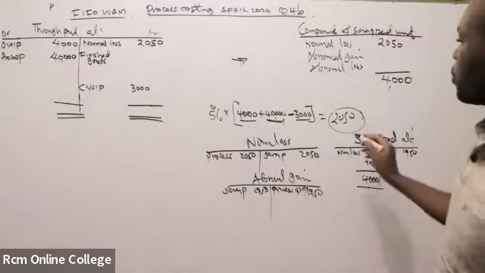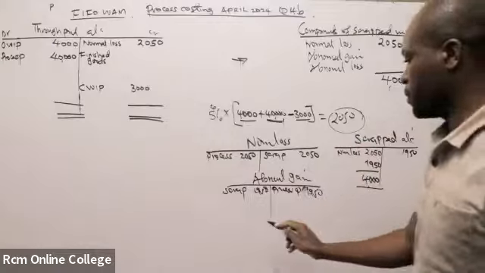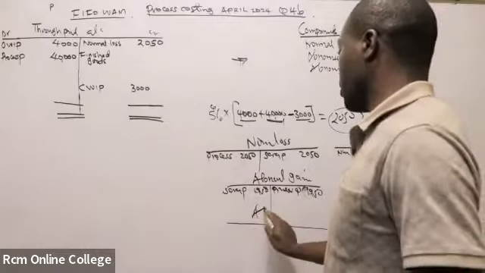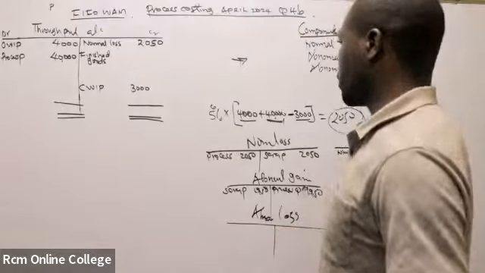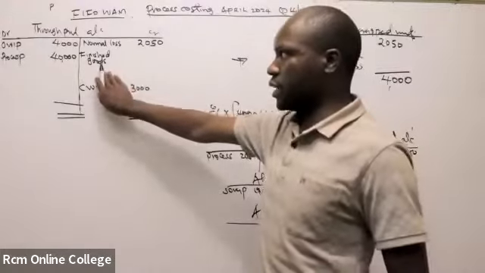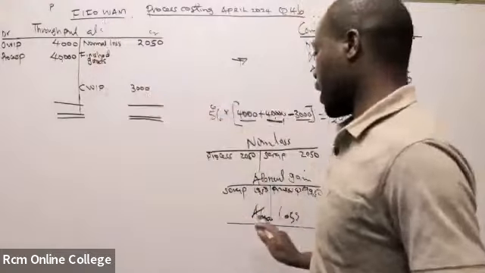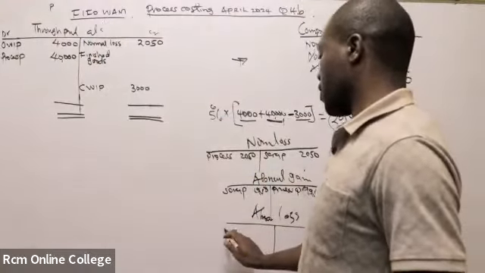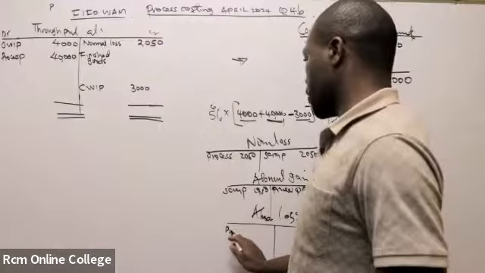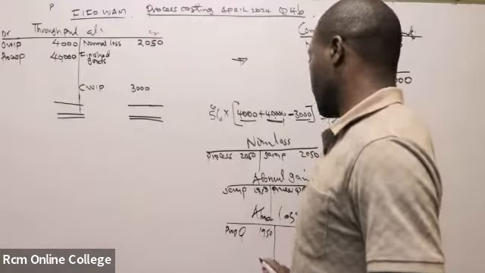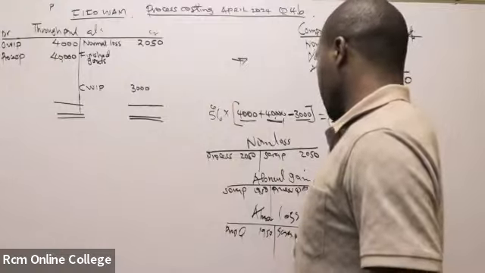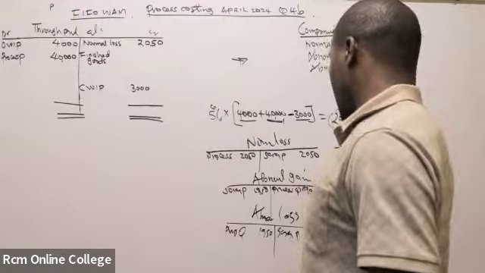How about if it was abnormal loss? Abnormal loss is normally credited in the process account. When I come here, I will debit it, right? So process Q is giving us 1950. Then you take it to the scrap account, I'm crediting here.